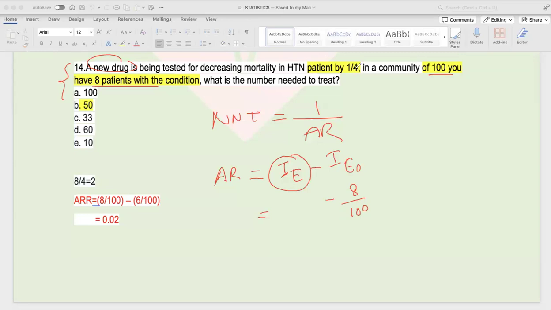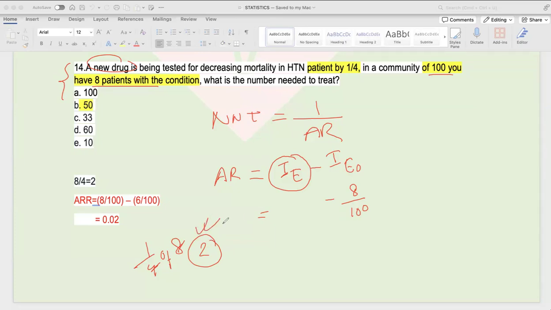So what does 1/4 mean? It means that previously 8 people were dying because of hypertension. Now it has reduced that number by 1/4. So what is 1/4 of 8? 2. So previously 8 people were dying without the medication. Now this new drug is saving these 2 people.